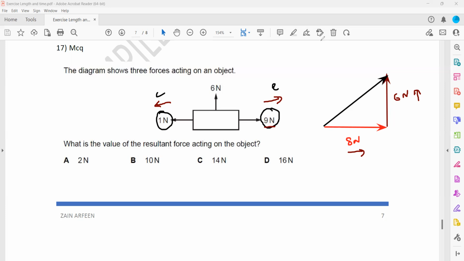And a force of 6 Newton is acting upward. Now this creates a right angle triangle. How do we work out the resultant of a right angle triangle? You have to use Pythagoras theorem.